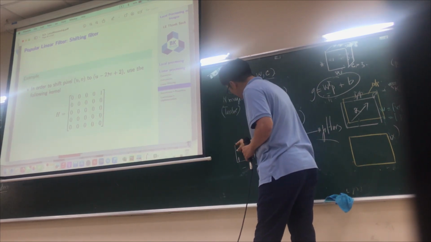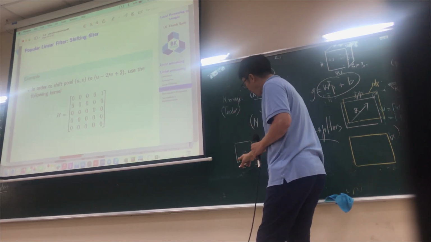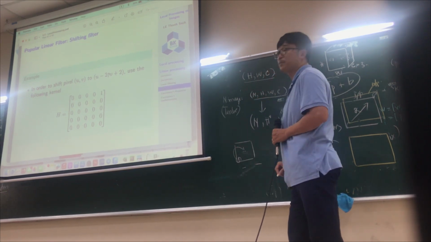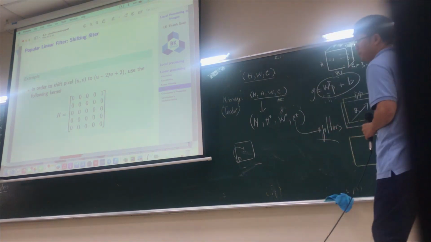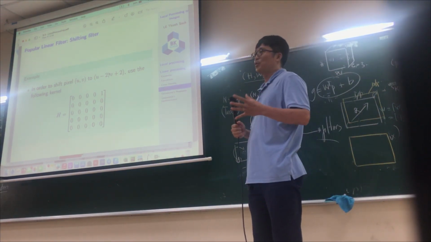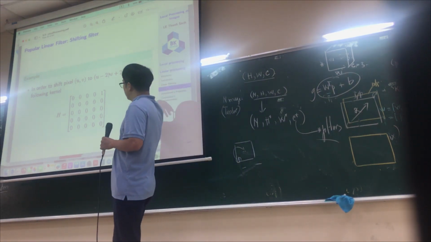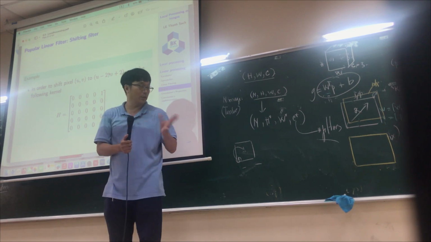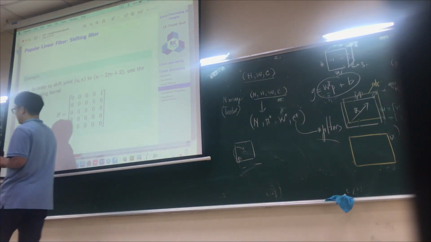So 0 multiplied gives 0, and 1 copies this pixel, and you assign it to this center. Very simple to do. Just apply this convolution to the image, and you see the output and the input. You see the effect, right?